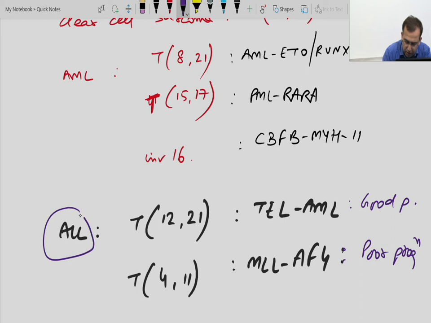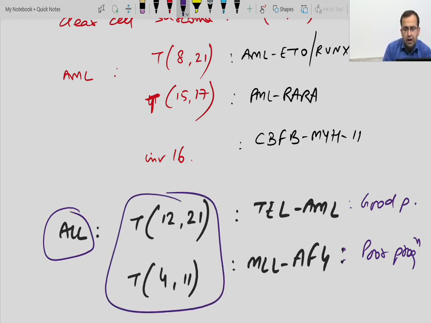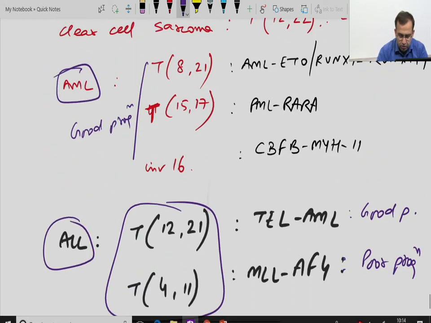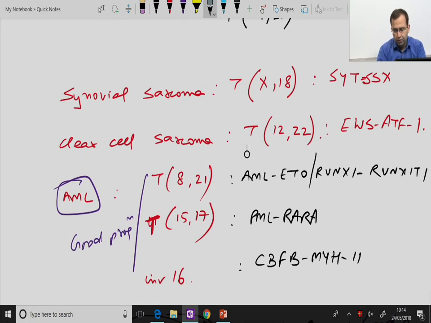These are the translocations with ALL, and AML, which are all the good prognostic translocations. This list of translocations with their fusion transcripts unfortunately has to be remembered.